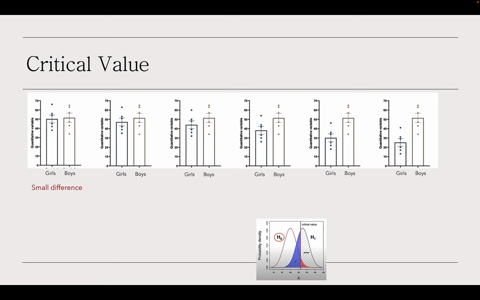They overlap. And so what this is telling us is that there isn't a significant difference between average girls' score in math achievement and average boys' score in math achievement.